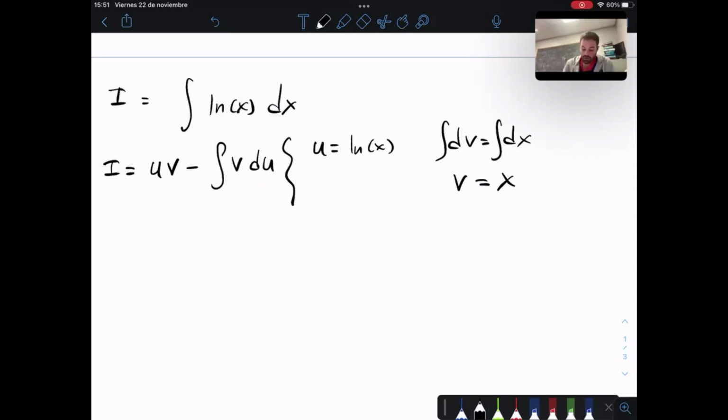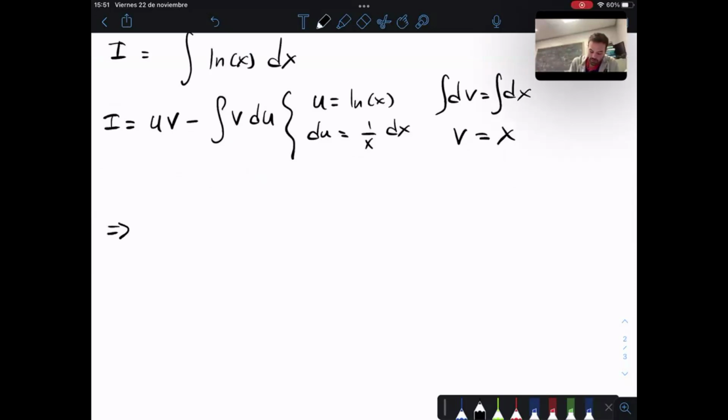And so actually this is very simple now, because du is going to be equal to the derivative of the natural logarithm, which is 1 over x, times the differential of this variable x. And so now we have our form, the one that we want.